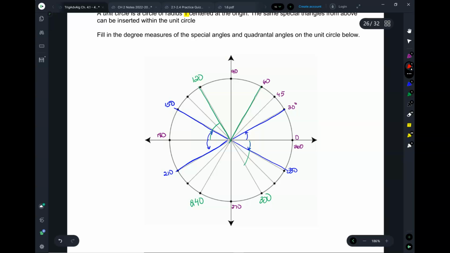Okay, so look at the 45 degree here. This one is 45 degrees up from the x-axis. So this one here, 45 degrees up from the 180, that's 135. 45 degrees down from the 180, how much? 225.